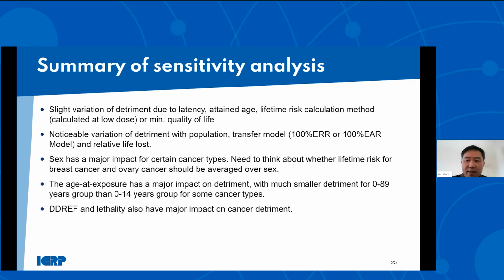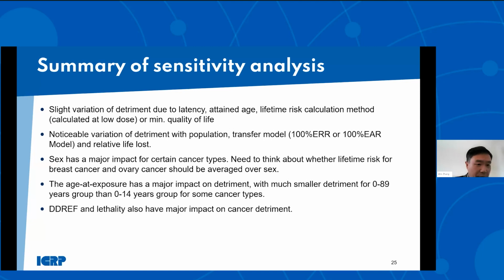So to summarize the sensitivity analysis, we see that there's only slight variation of detriment due to latency, attained age, lifetime risk calculation method when it is calculated at low dose, or minimum quality of life.